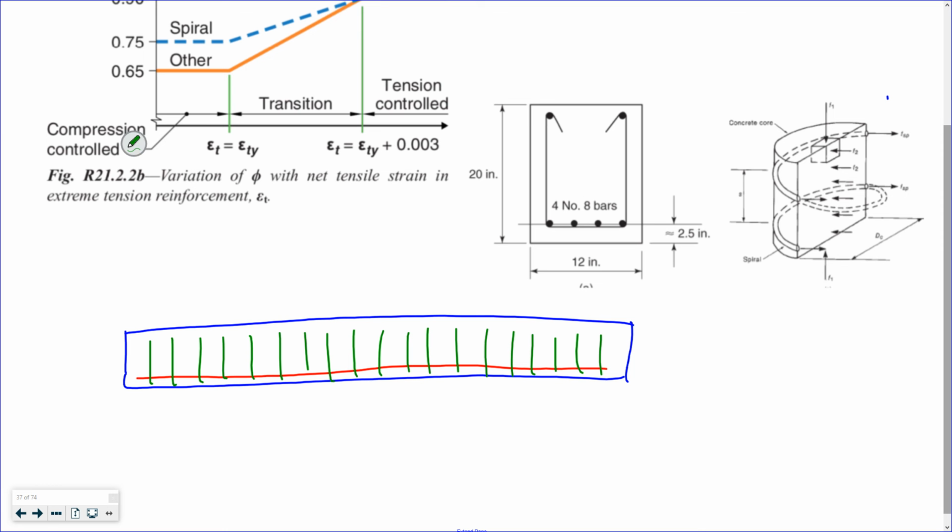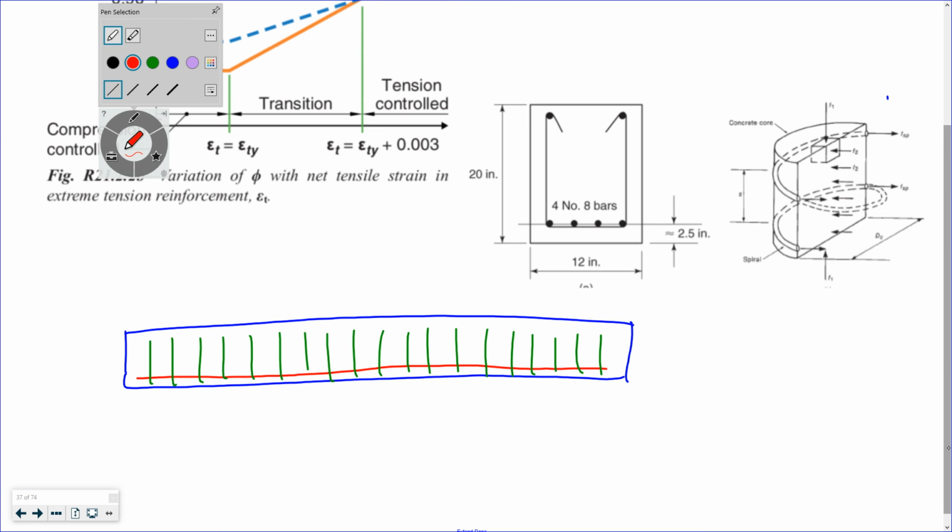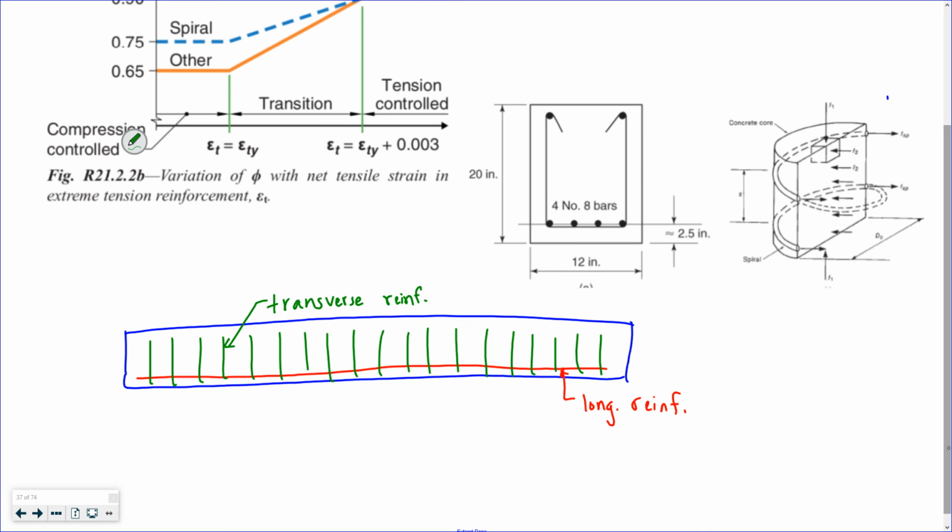Looks something like that, right? This is used for a couple of reasons we'll get into later. Transverse reinforcement is for shear and also adding some compression to your concrete.